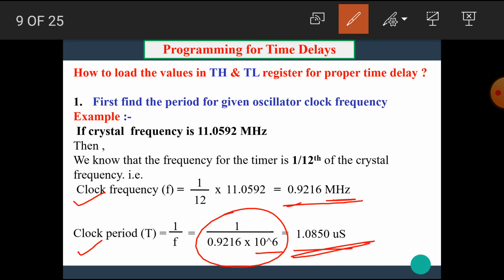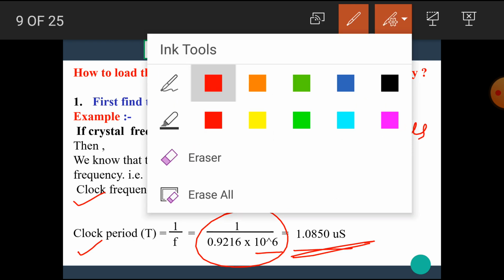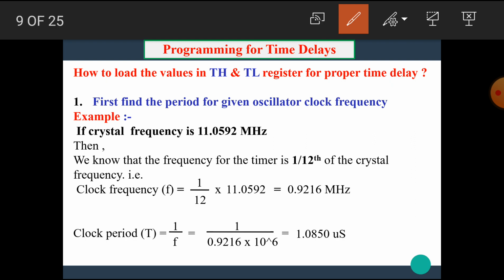Okay, that means if we have the crystal frequency 11.0592 megahertz, then in this case we get the clock period as 1.085 microsecond. Here microsecond means 10 raised to minus 6 second. Okay, I hope you all understand this.